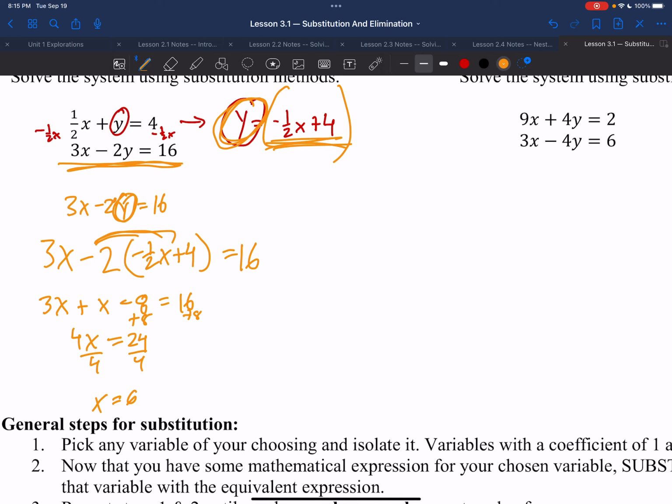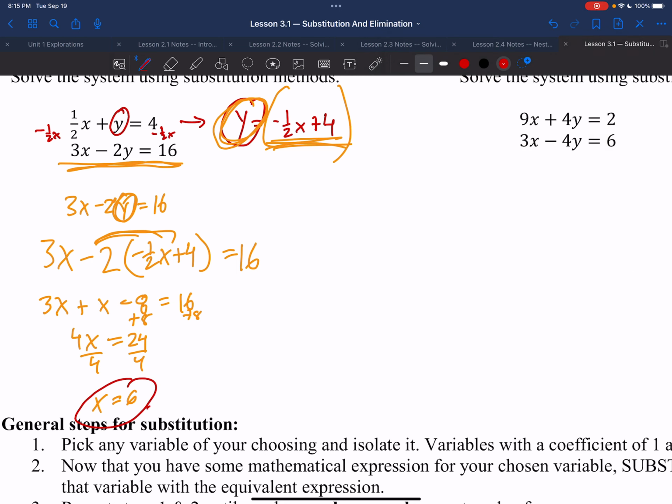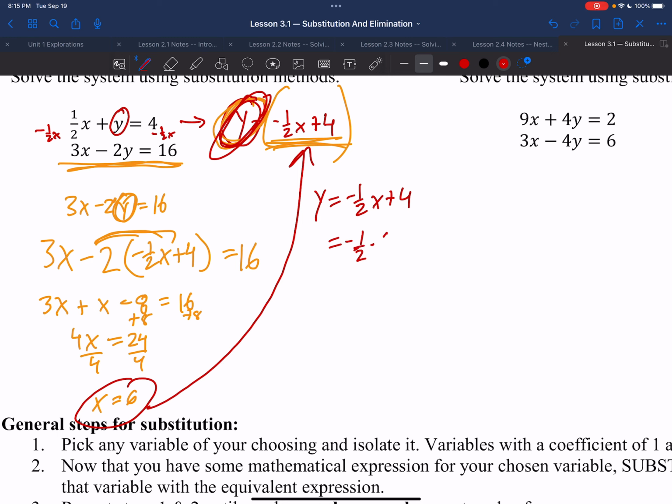So how do we do that? Well, I'm going to take x equals 6 and substitute it back into the expression for y. You see, y equals negative 1/2 x plus 4. So if I replace x with 6, negative 1/2 times 6, then I get negative 3 plus 4, which is 1. So y equals 1.